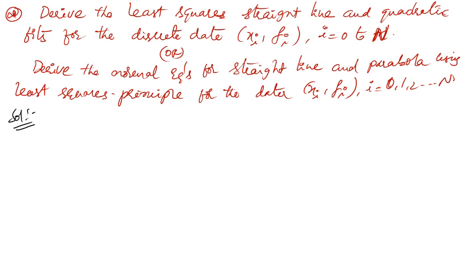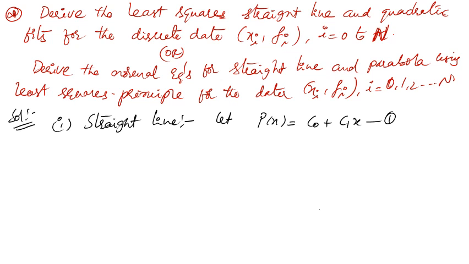Okay, first case, straight line. You have to remember these normal equations directly. It's easy to remember. For the straight line, let P of x equal to c0 plus c1x, equation 1, be the straight line approximation or linear approximation.